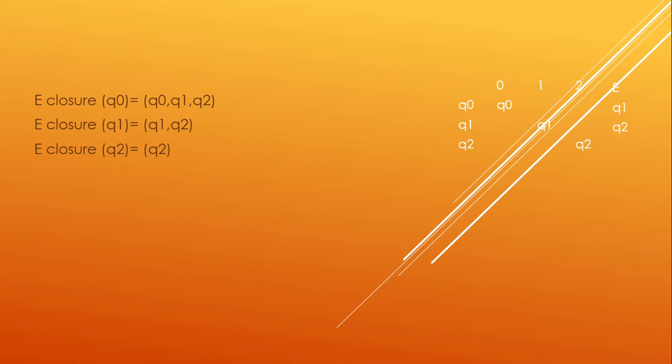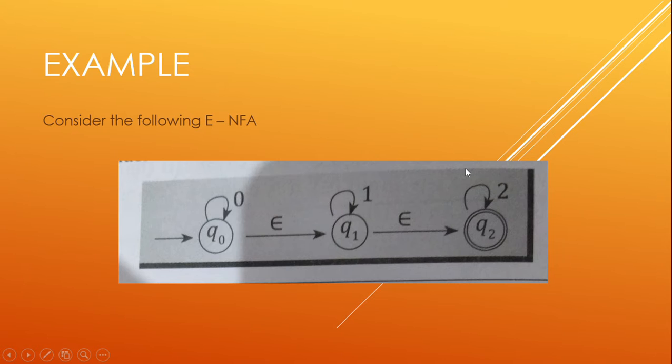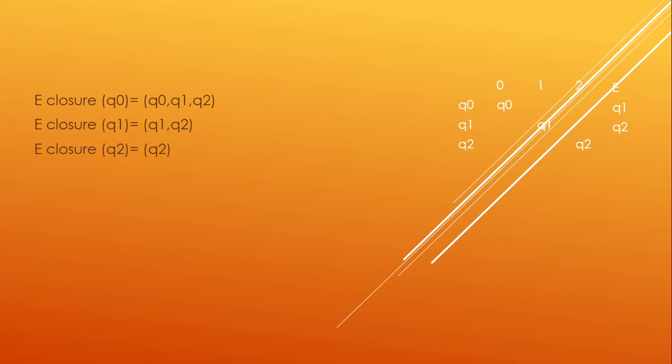So this is the transition table for this example. For input symbol 0 it goes from Q0 to Q0, and there is no transition for input symbols 1 and 2 from Q0, and for epsilon, Q0 goes to Q1.